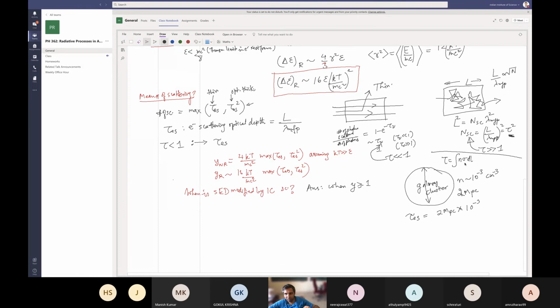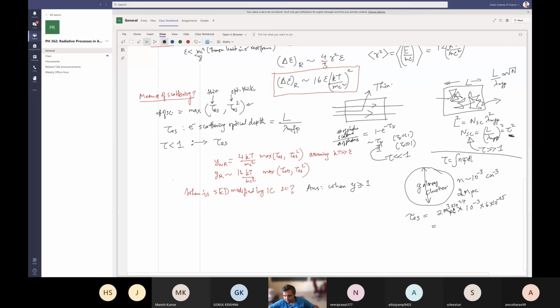Sigma, can someone tell me the Thomson scattering cross section? 10 to the power minus 16, I think. No, you're orders of magnitude off. So this is in CGS units. So a megaparsec is 3 times 10 to the 24. So what is tau es?